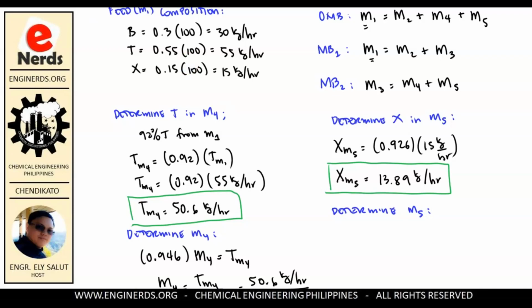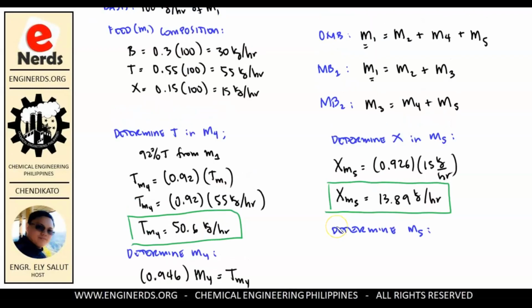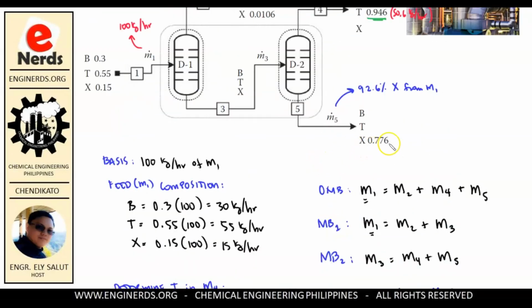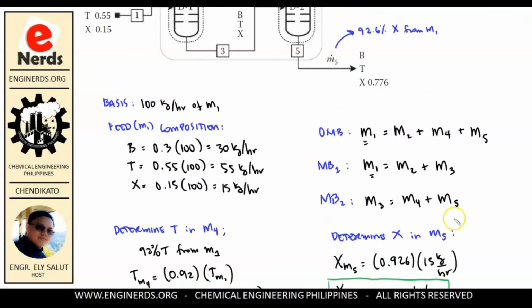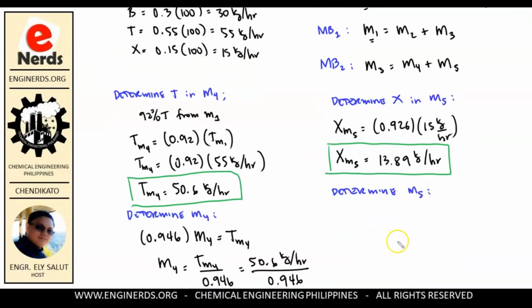We can do that knowing that 0.776 of M5 is equal to this value, 13.89. So we have 13.89 in here.